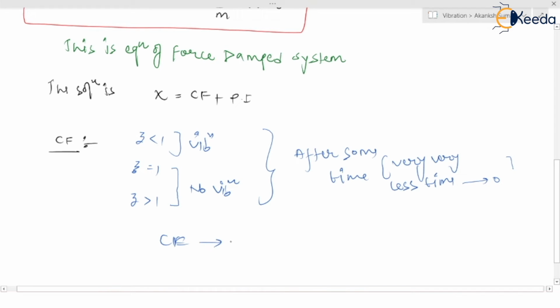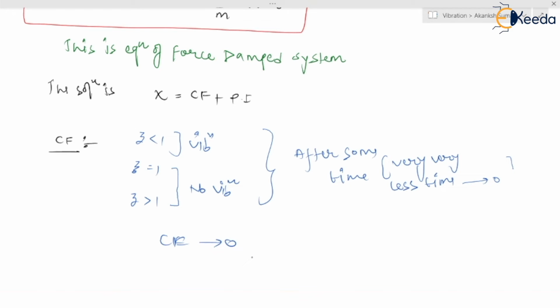Why am I saying this? You need to understand the equation of the CF that we have seen. There is an amplitude which is an exponentially decreasing function. Are you getting my point? When we get the relations in the underdamped system, the CF, the complementary function, comes out to be a decreasing exponential function.